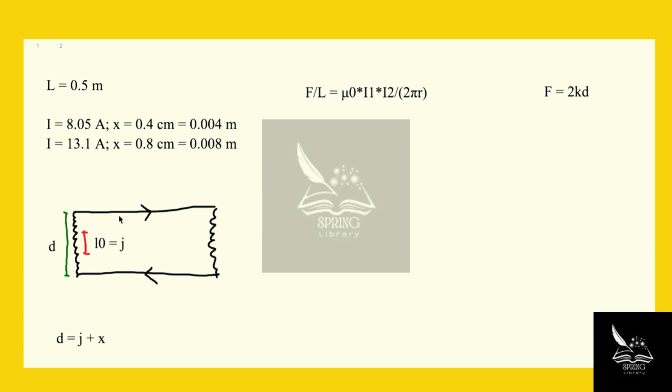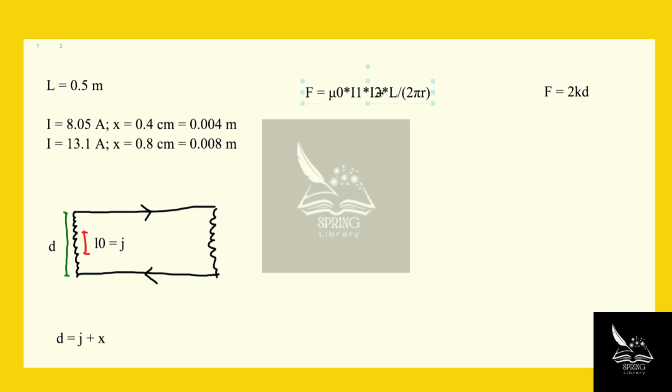So let's first take a look at the force between two wires. This is the general expression for the force per unit length of two wires with current I1 and I2. We want just the force, not force per unit length, so let's start by multiplying by the length on both sides. That brings it over to the numerator here.